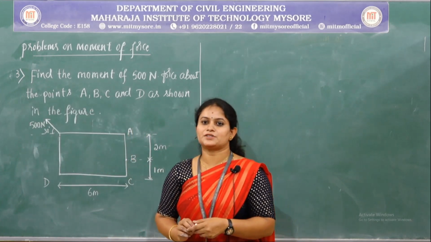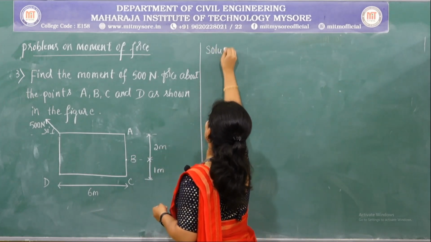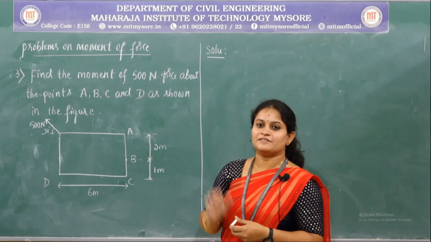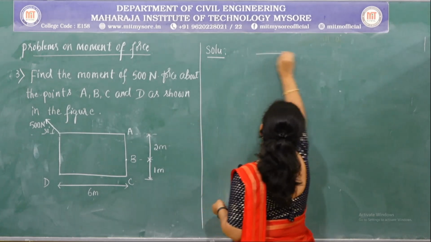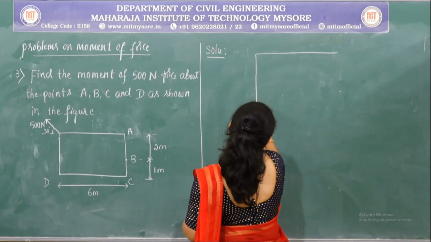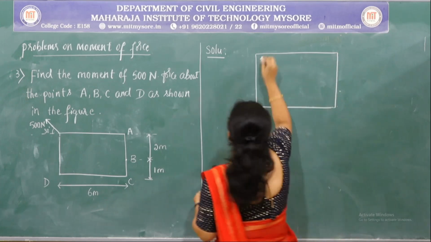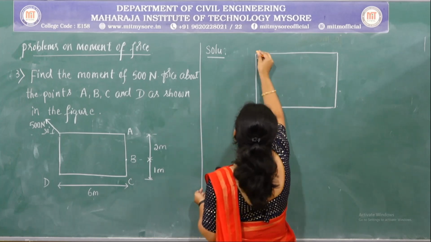So let us find the solution for this problem. Since the given force is an inclined force, first we need to resolve the given force. The direction of the given force will lie in the second quadrant.